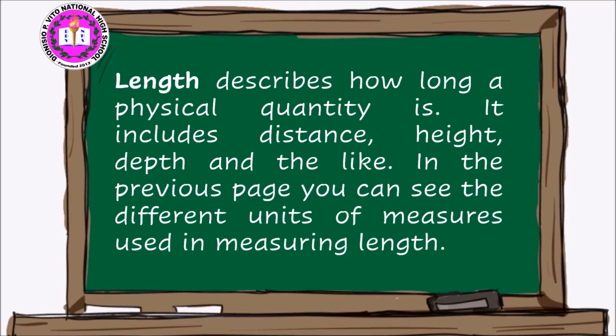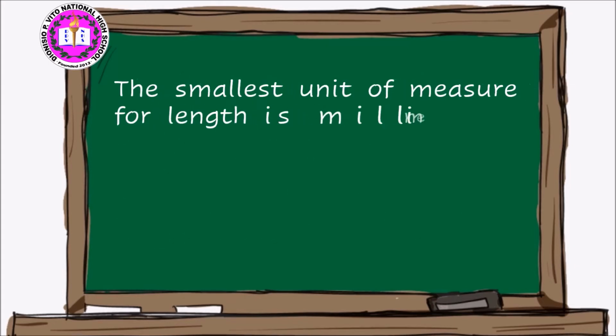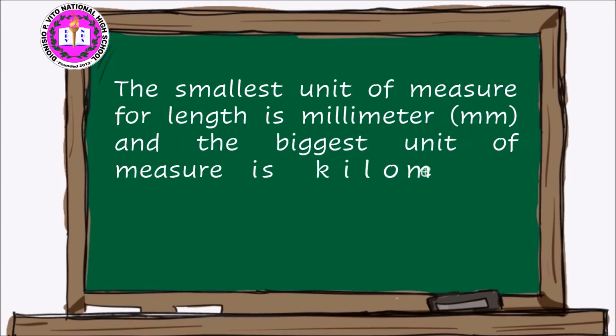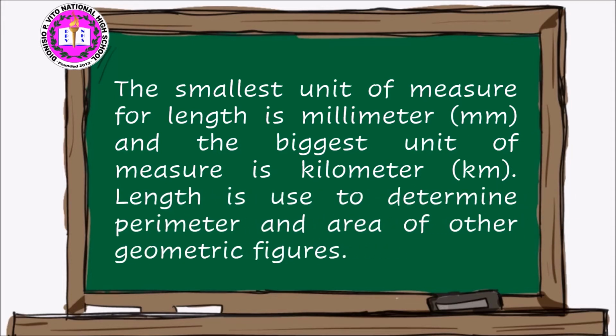In the previous page, you can see the different units of measure used in measuring length. The smallest unit of measure for length is millimeter, and the biggest is kilometer.